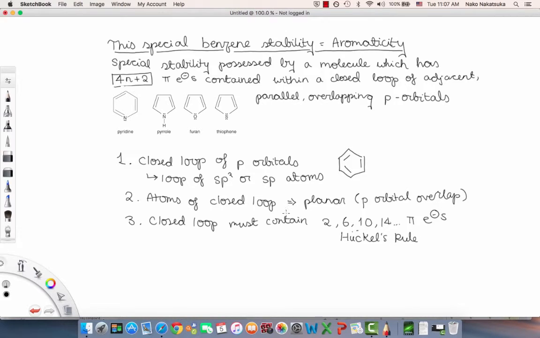And so this series is described by the formula that I gave before, which is 4n plus 2 is the number of pi electrons, where n is an integer. And the most common one is having 6 pi electrons, which is what you see in benzene. You have 2, 4, and 6 pi electrons.